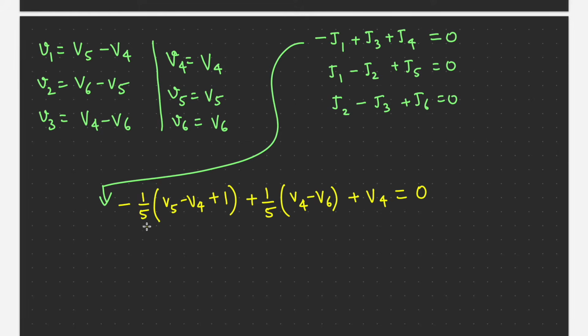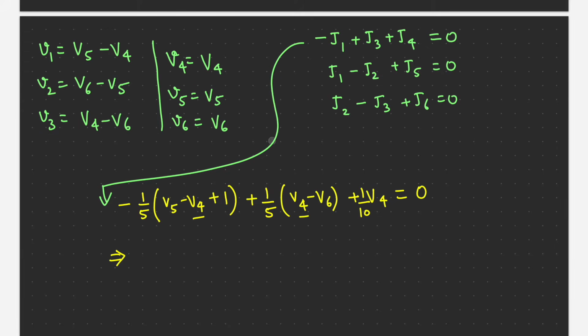We can add all the components together. Here we have V4, here also V4, and V4. By adding all of them, we get V4 with 1 by 5, 1 by 5, and this one is 1 by 10, because the impedance is 10 here.